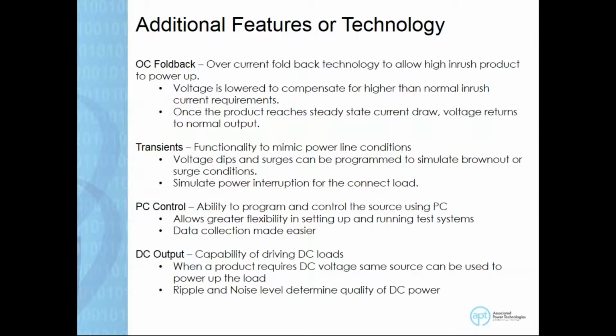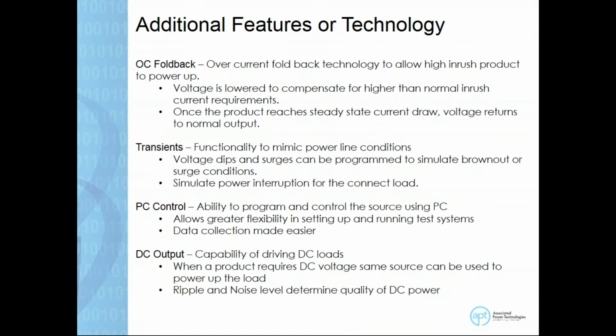With a technology like OC Fallback, it allows you to power up loads that may be beyond the requirements. Let's assume you had a much higher requirement for the current draw, which pushed you right over a 2 kVA power supply. But for the inrush time, the motor requires almost 3 kVA of power. Well, how do we address this? We let the motor power up on the 2 kVA power supply using an OC Fallback technology where the voltage is lowered to allow the high inrush of current.